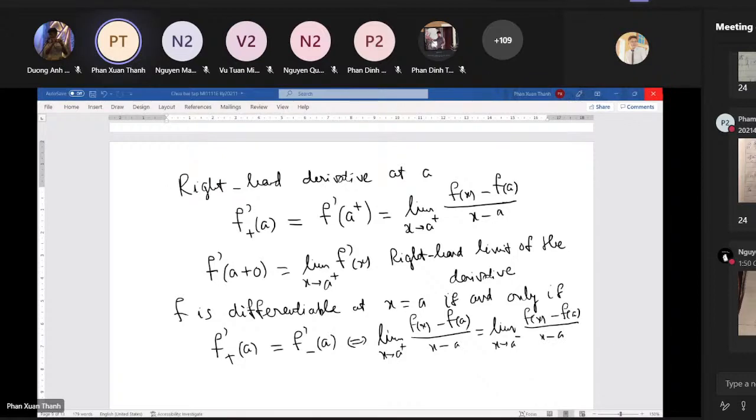As I said, you should distinguish between two concepts: the right hand derivative and the right hand limit of the derivative. It's different. And you should remember here the condition for the differentiability of the function.